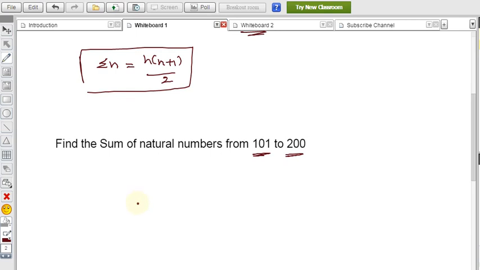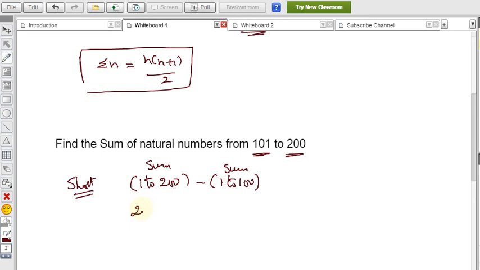We don't have any direct formula for this, but as a shortcut method for 101 to 200, we'll take the sum of 1 to 200 and from this subtract the sum of 1 to 100. It's easy. So 200 into 201 by 2, minus 100 into 101 by 2.